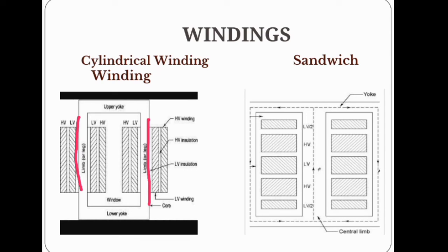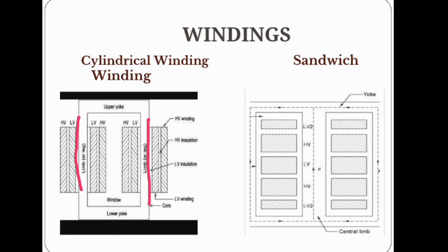Here half of the HV and LV are placed on the same limb. The figure shows that half of the HV and LV are placed together, and the LV is nearer to the core to overcome insulation problems. This type of winding is called cylindrical winding, and it is used in the core type of transformer.